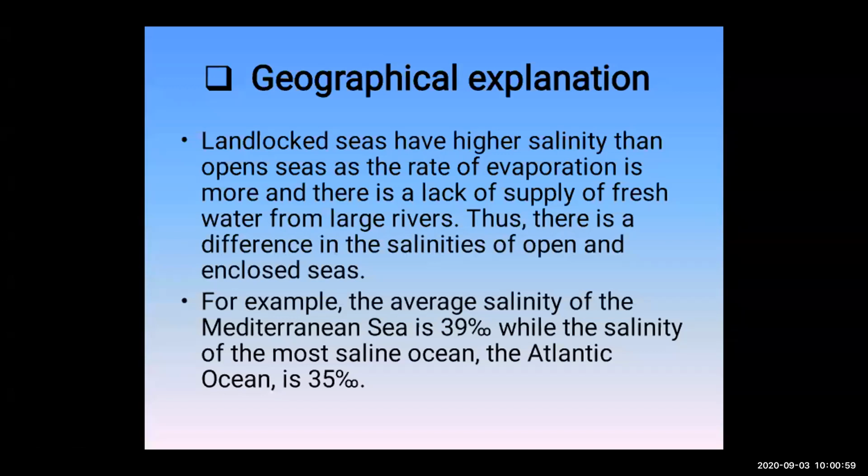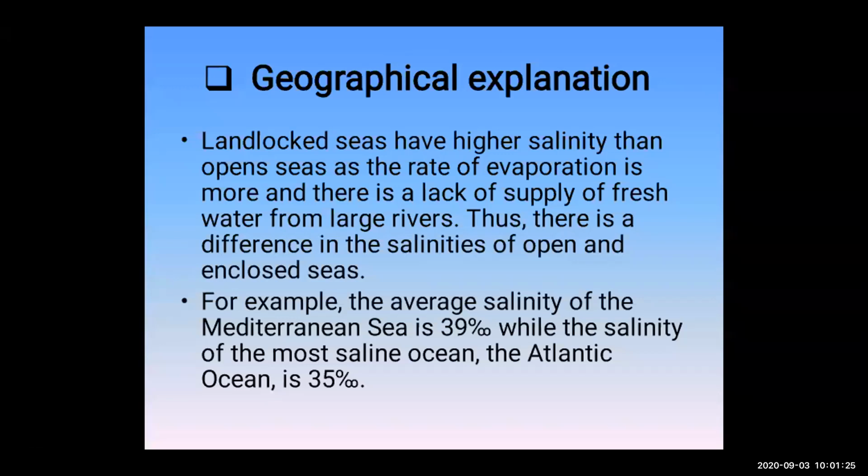Landlocked seas have higher salinity than open seas as the rate of evaporation is more and there is lack of supply of fresh water from large rivers. Thus, there is a difference in the salinities of open and enclosed seas. Here they have explained with the example of the Mediterranean Sea.